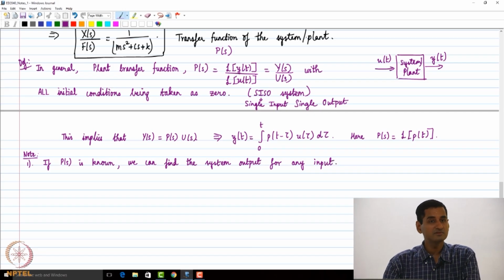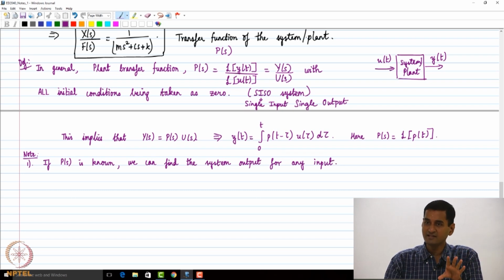Please note that. Once I have the plant transfer function, you give me any input, I can tell you what the output is. And we can do one more thing also: if I want some output, I can find out what input I have to give. We can do both.